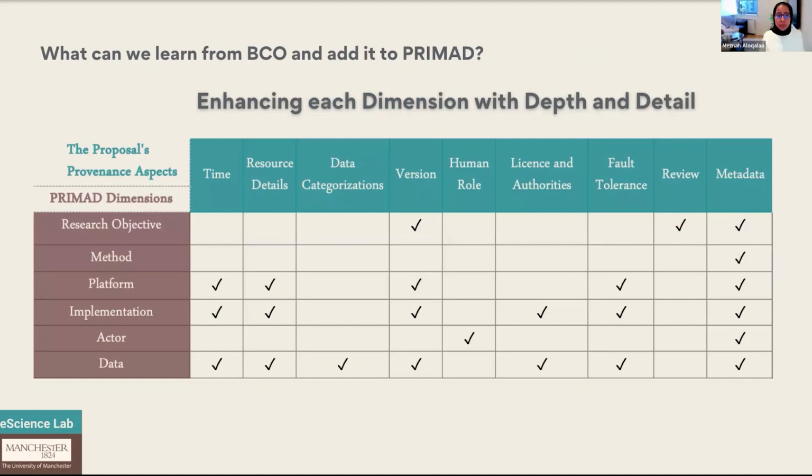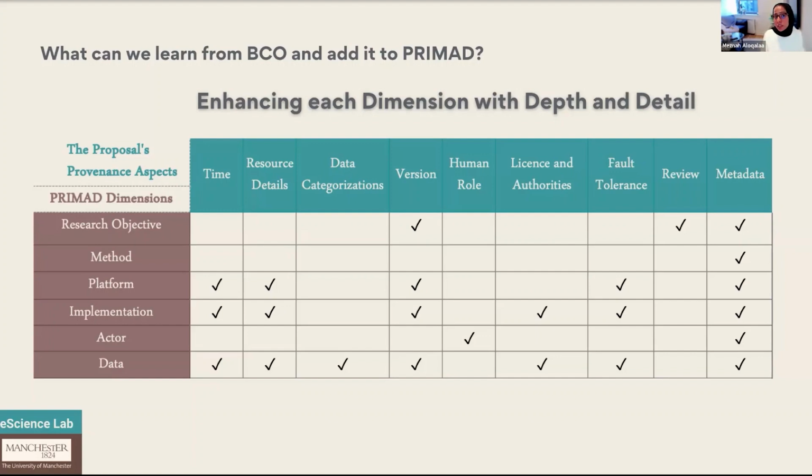So we found that each dimension of the PRIMAD needs some depth based on these aspects that we get from the BCO attributes. We need time reflection in some dimensions, like the platform, the implementation, and the data. And the version also, like the review process and the variation difference, which reflects the fault tolerance of the platform, the implementation, and also the data.